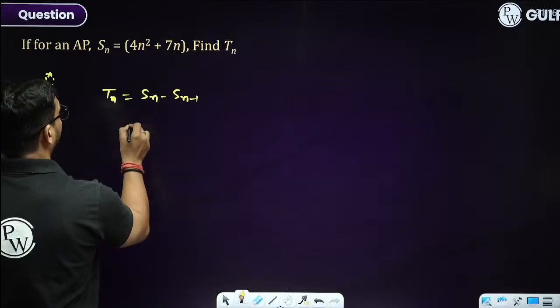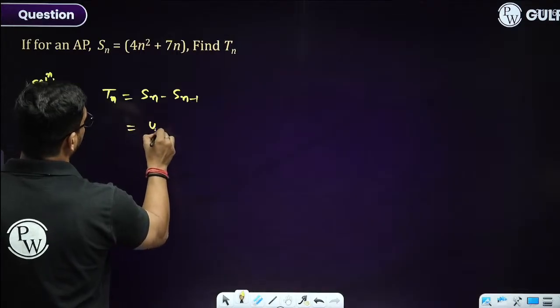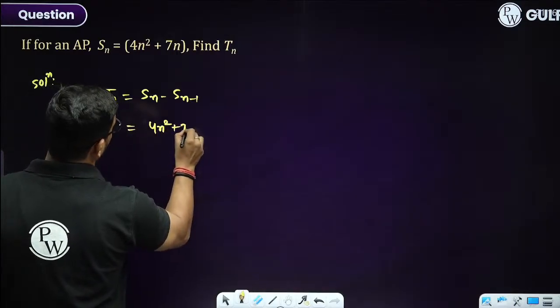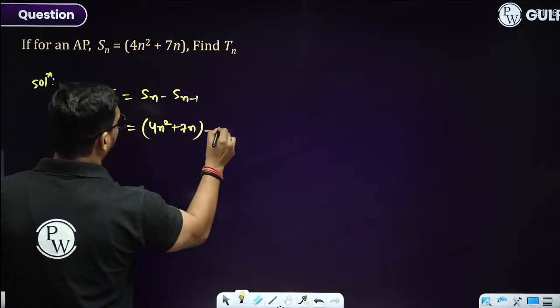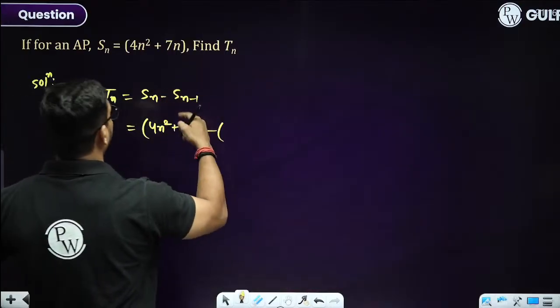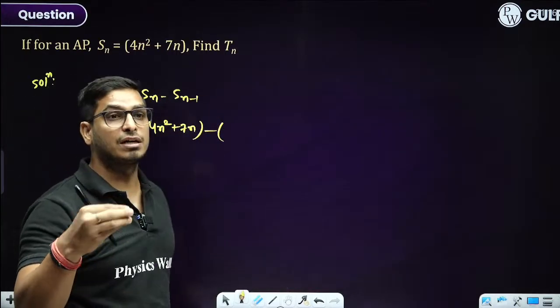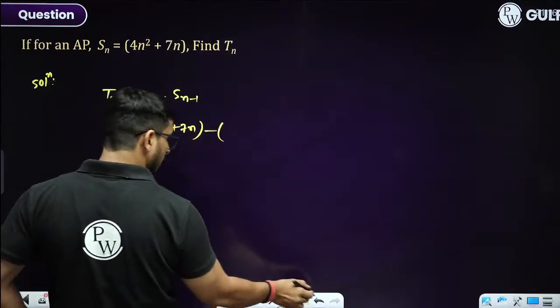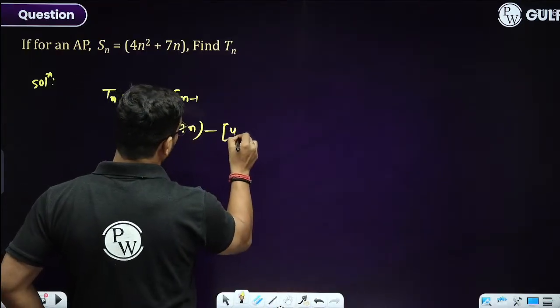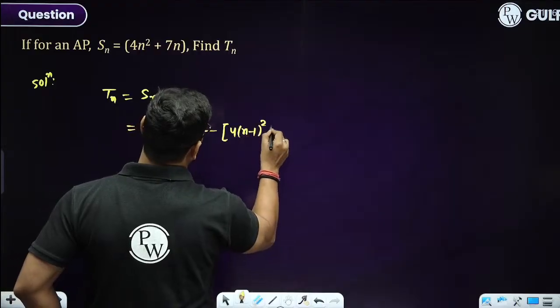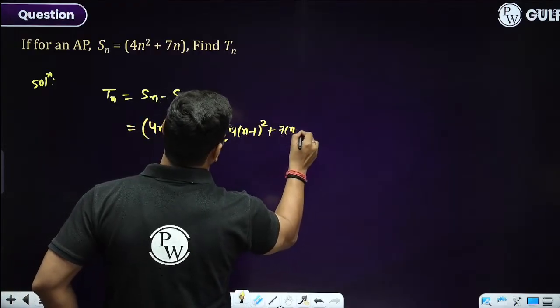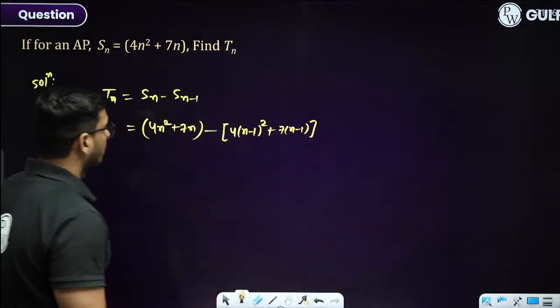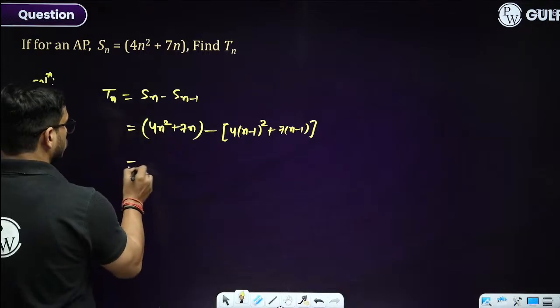Here Sn is 4n square plus 7n. And Sn minus 1 means we replace n with n minus 1, so this is 4 into n minus 1 square plus 7 into n minus 1. Can you solve this?